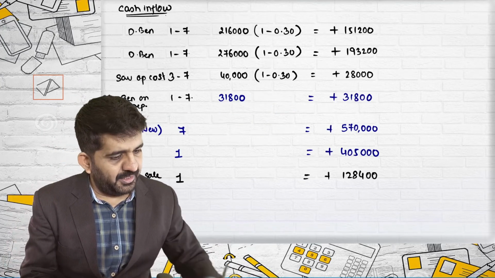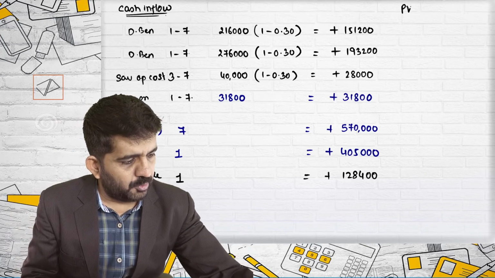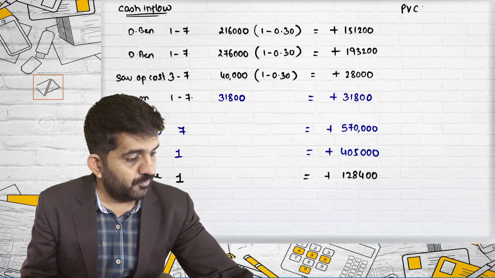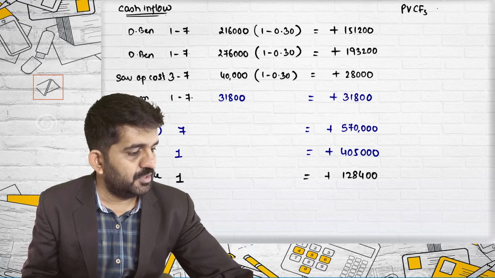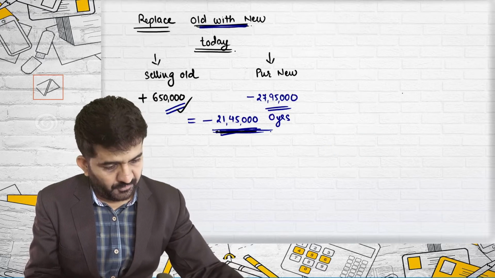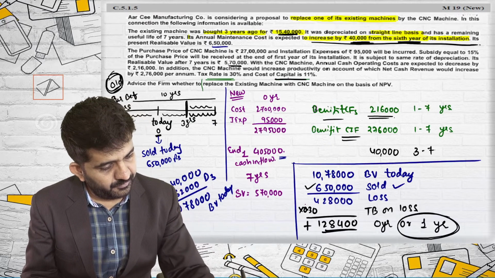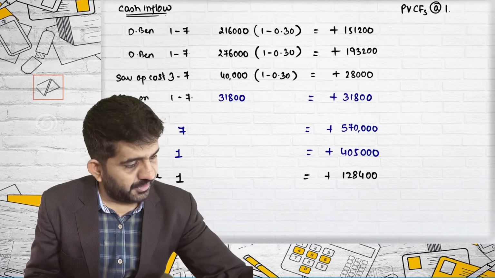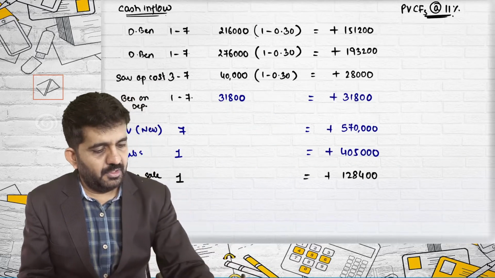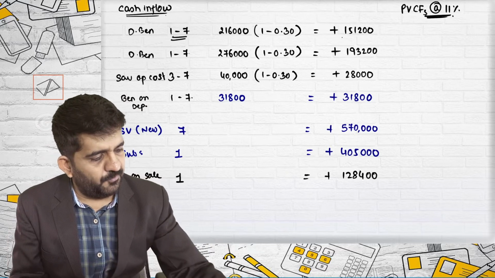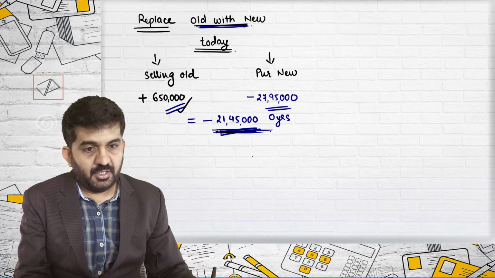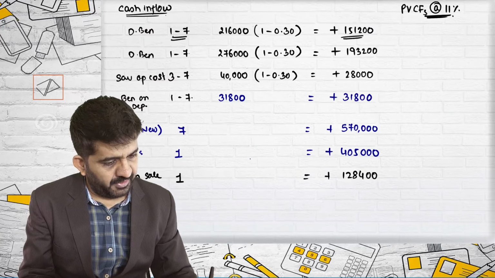What I will be doing is finding out the present value of cash flows at the rate of 11%. Logically, these are cash flows for 1 to 7 years. Factors are given, not given, not given.